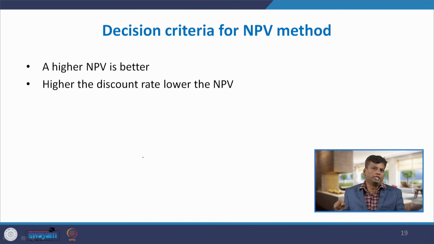So, how to make the decision to select a project using the NPV method? One is, higher NPV is better. Similarly, the higher the discount rate, the lower the NPV. That is the relation between discount rate and NPV, because the interest rate comes in the denominator. So, the higher the interest rate, the lower the NPV.